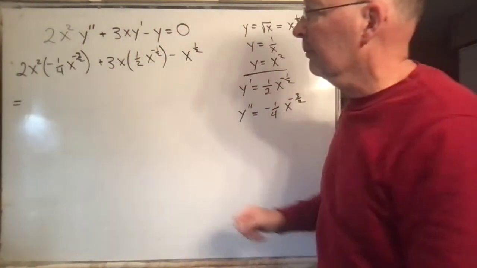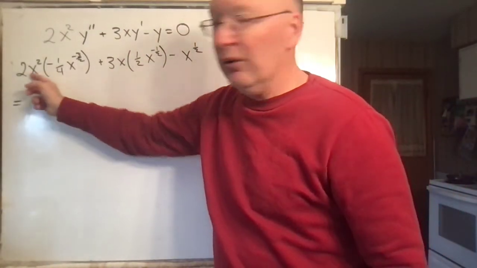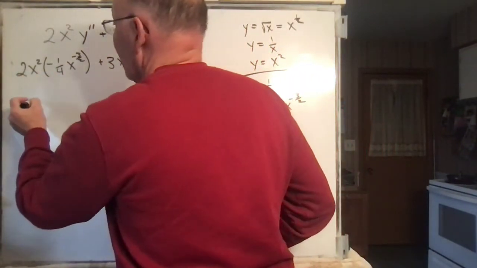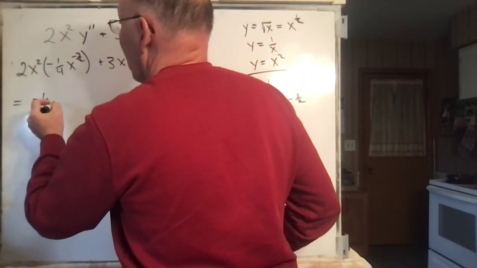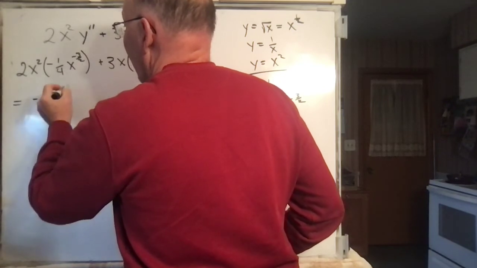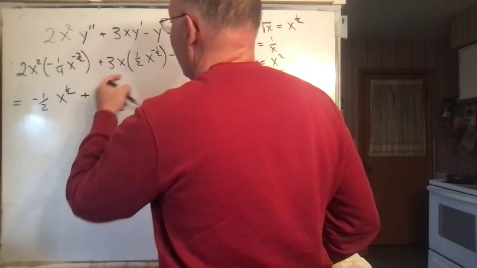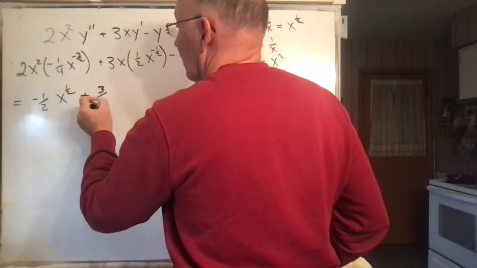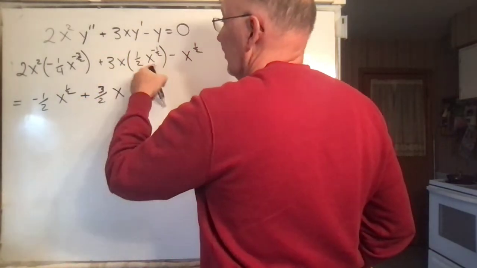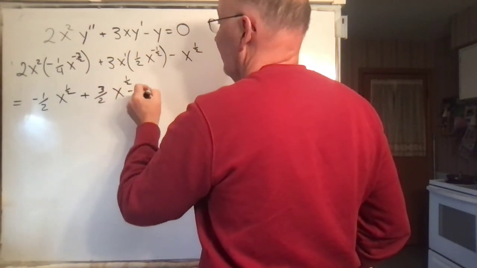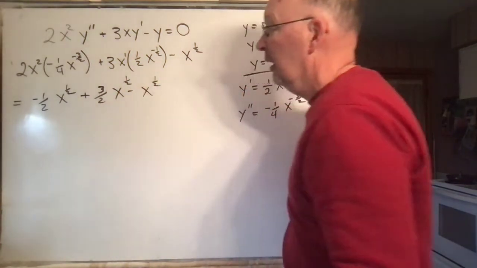So let's check it out. If you notice, you have to know your algebra in this course. It's going to be a negative 1/2 x to the 1/2 power plus 3/2 x to the positive 1/2 power, because that's a 1, and then minus x to the 1/2 power.